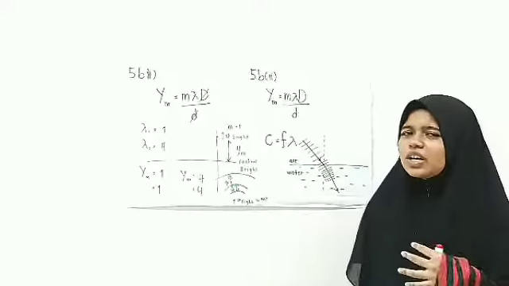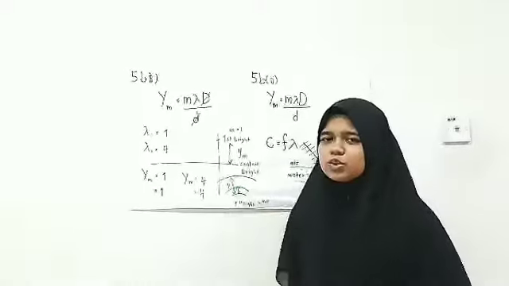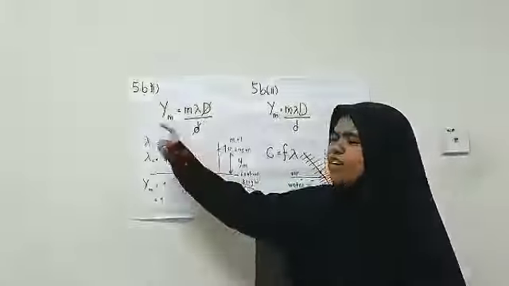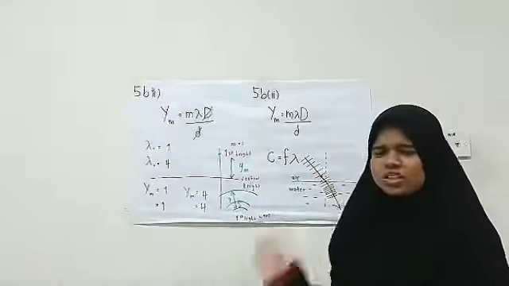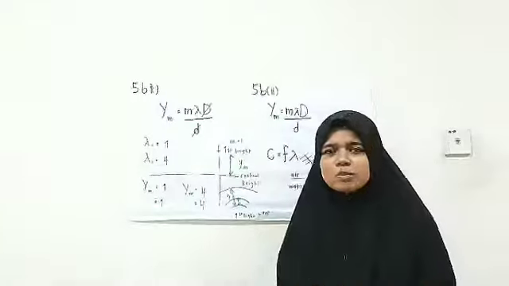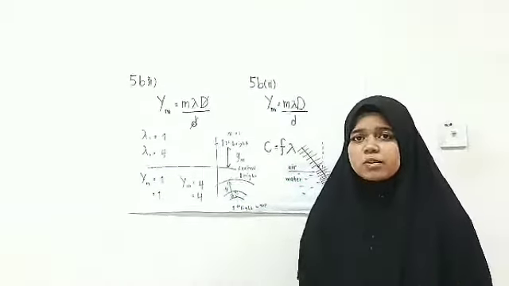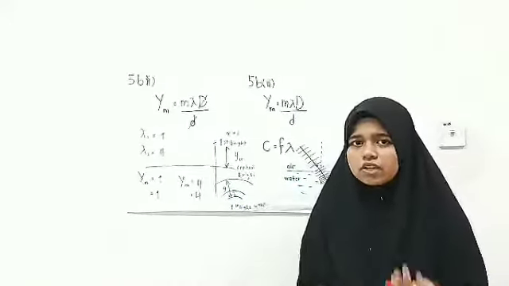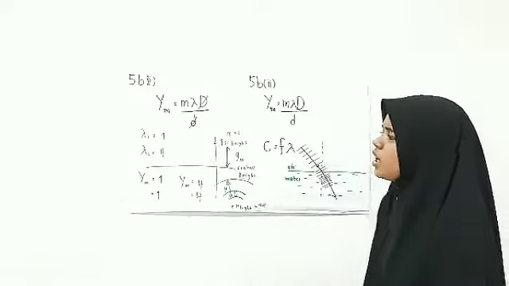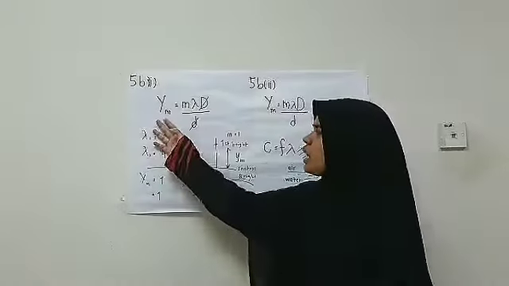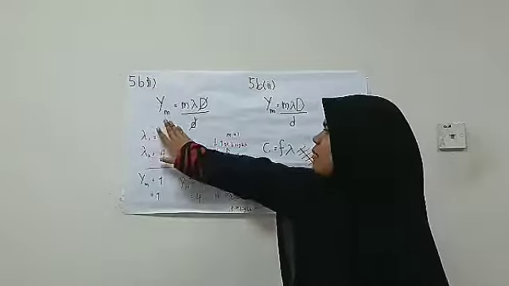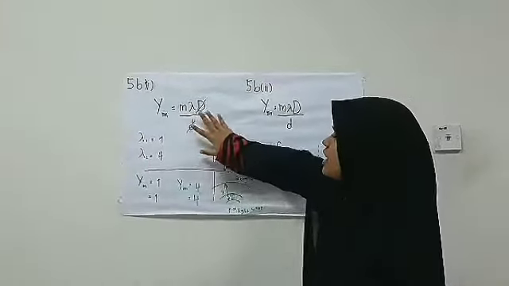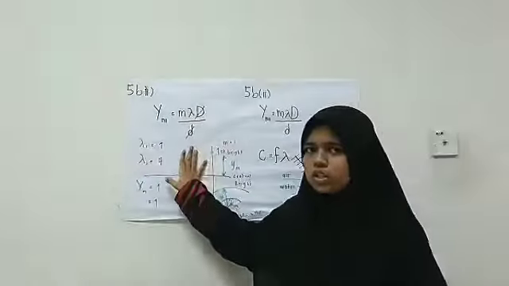Bismillahirrahmanirrahim. So I will explain how to answer question 5B1. The question asks us to explain what will happen to the interference pattern if the wavelength of light is increased. First we have the equation Ym equals m lambda capital D divided by small d.